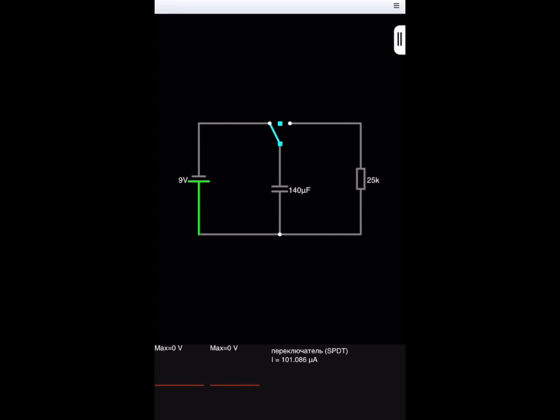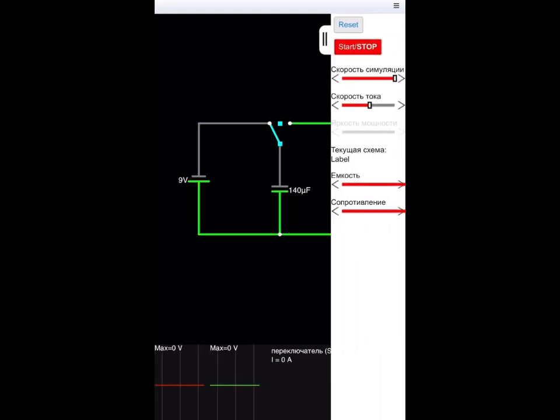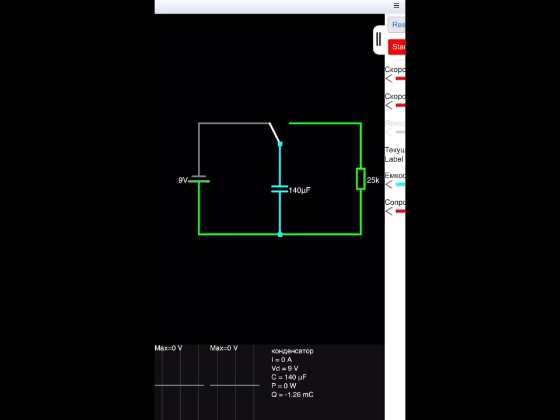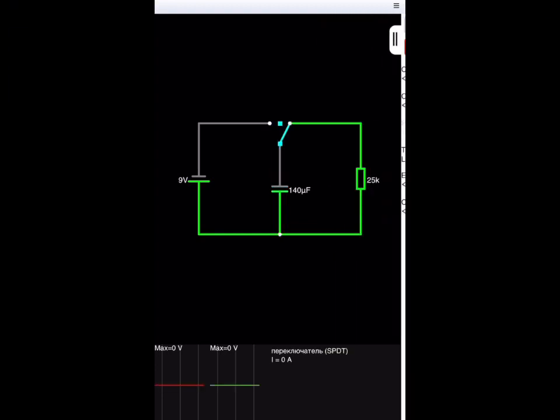And now we can move on to our simulation. We have the initial values, and we can start. At first, initially the capacitor is charged to 9 volts, and after that we can switch.